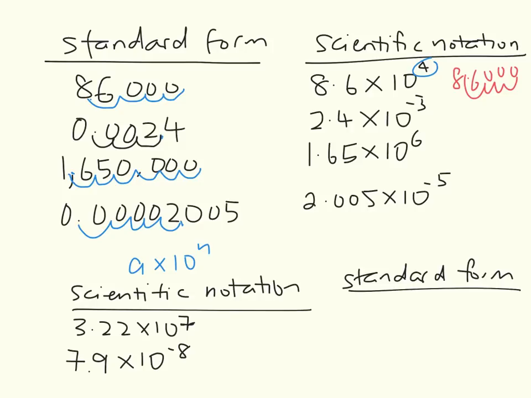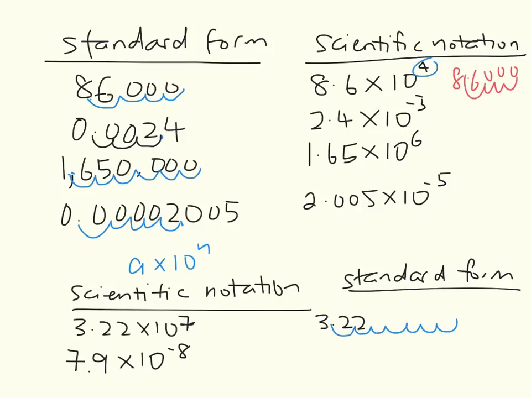Okay, so now we're back at looking at the answer. The first example, 3.22 times 10 to the power of 7. We know that we have to move the decimal point 7 places: 1, 2, 3, 4, 5, 6, 7.